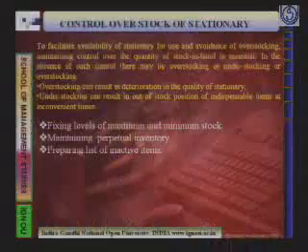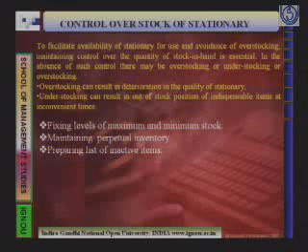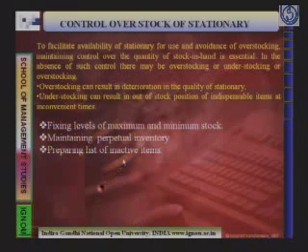It could be not less, not more. And fixing levels of maximum and minimum stock, maintaining perpetual inventory, preparing a list of inactive items, and that is more important. The third point is more important. There are some items which are always inactive. What we are using in general, we mostly use ball pens and other things, but there are some items which we rarely use.